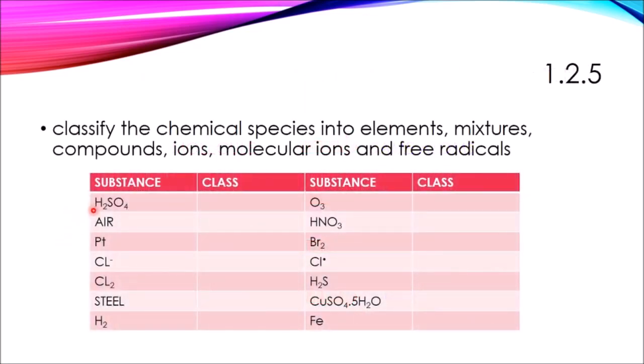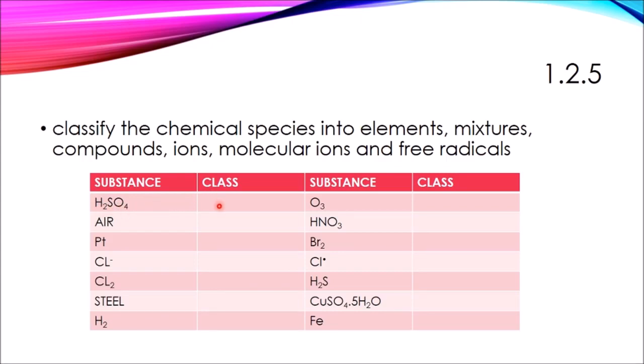So we have H2SO4 and you have to identify its type. Which of these is it: element, mixture, compound, ion, molecular ion or free radical? So boys, H2SO4 is actually made up of different atoms. If you see, it has hydrogen atoms, it has a sulfur atom, it has oxygen atoms. So what is it?